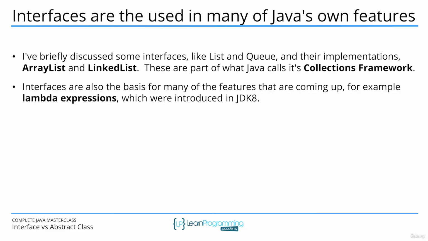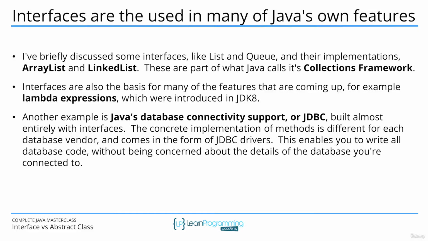This is a powerful and exciting Java feature, and I'm really looking forward to introducing it to you. Another example is Java's Database Connectivity Support, or JDBC, built almost entirely with interfaces. The concrete implementation of methods is different for each database vendor and comes in the form of JDBC drivers. This enables you to write all database code without being concerned about the details of the database you're connected to.